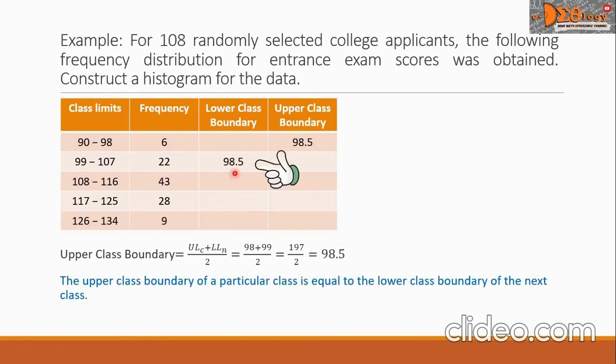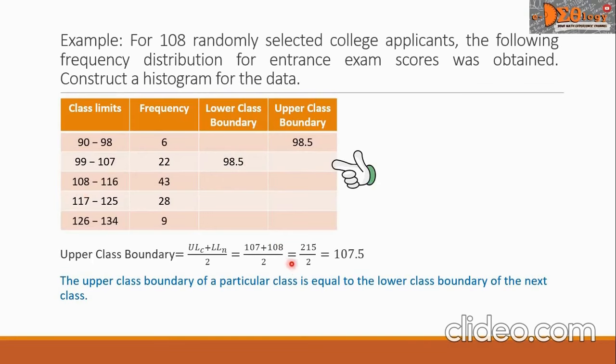So we have 98.5 for this blank, which is the lower class boundary of the next class. Going to our upper class boundary of the second class interval, we will use the same formula. So we have 107, the upper limit, plus 108, the lower limit of the next class, divided by 2.